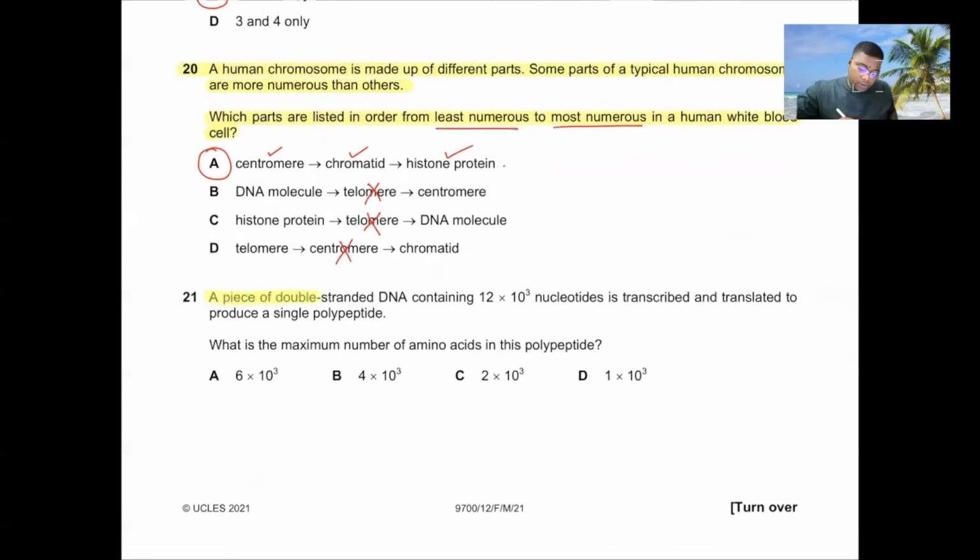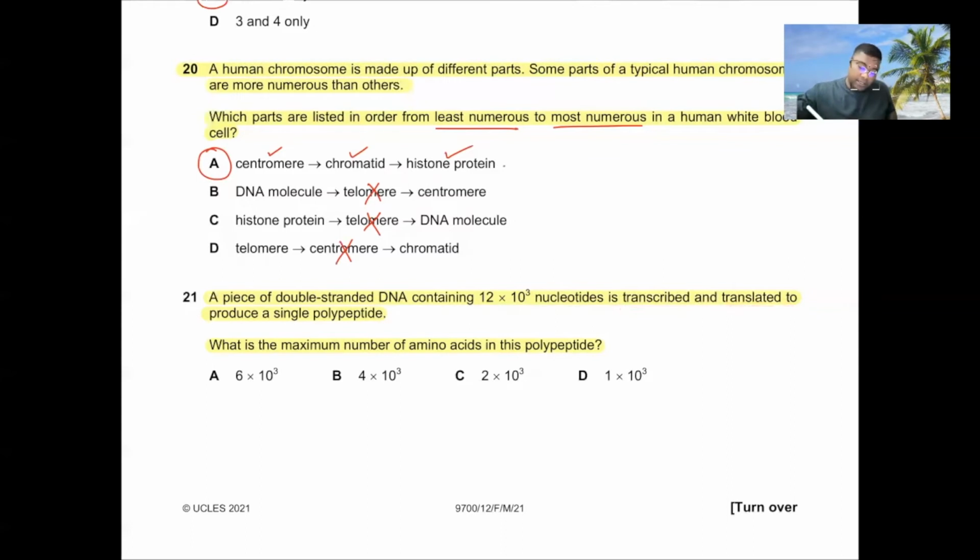A piece of double-stranded DNA containing 12 × 10^3 nucleotides is transcribed and translated to produce a single polypeptide. What is the maximum number of amino acids in this polypeptide? The question says a piece of double-stranded DNA containing 12 × 10^3 nucleotides is transcribed and translated.